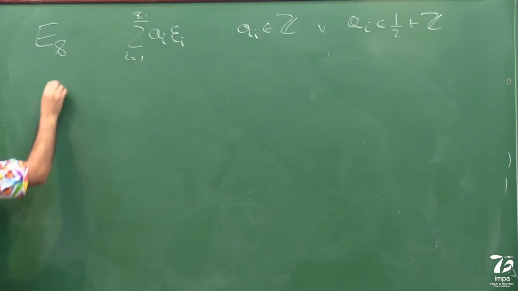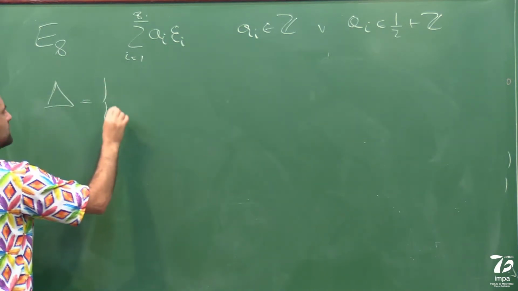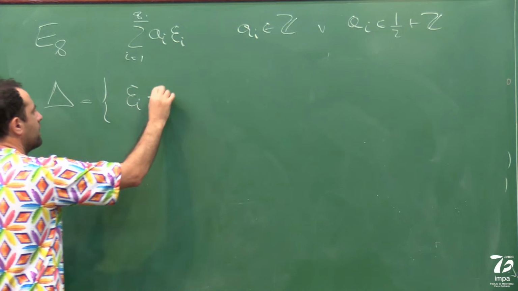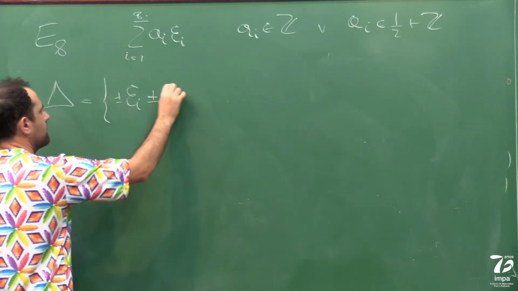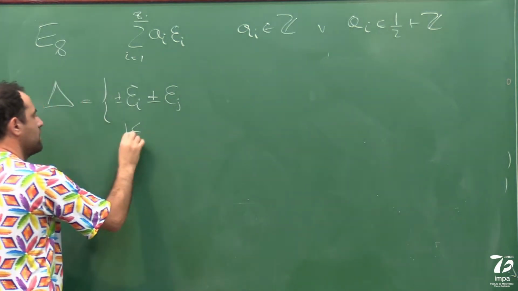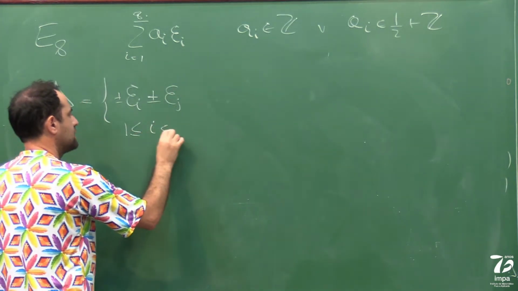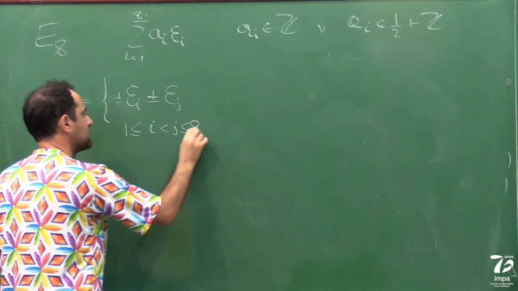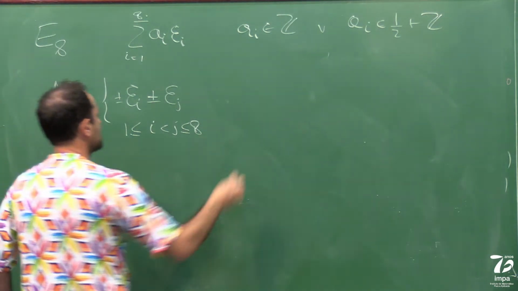So the root system consists of epsilon i plus or minus epsilon j, again with 1 less or equal than i less than j less or equal than 8. Those are the easy ones.